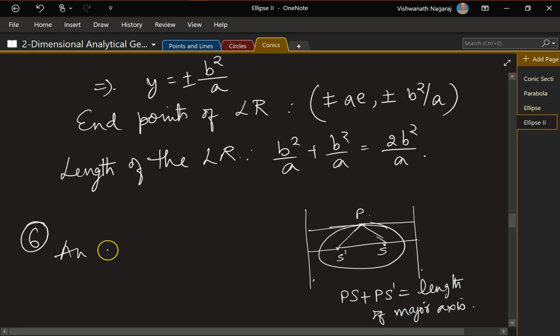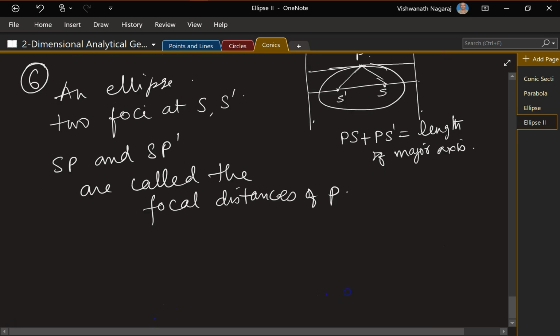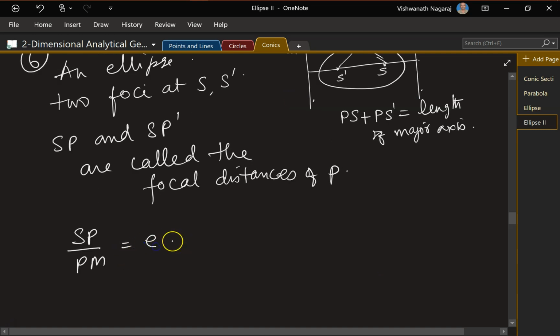Let's say an ellipse, we have got two foci at S and S prime. SP and SP dash are called the focal distance of P. So which means, and we know SP by PM, so here this is M dash and this is M. So SP by PM equal to E, which implies SP is equal to E dot PM.